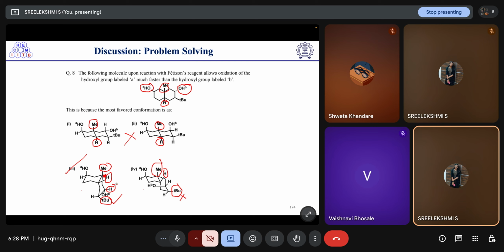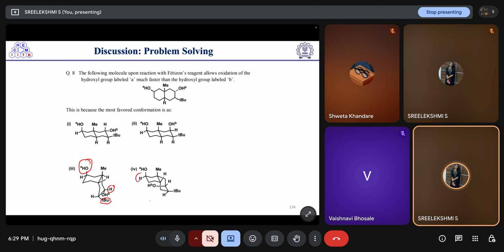So in this conformation, one reason is that the tertiary butyl group is equatorial, which favors this. Then out of the two hydroxyl groups, why OHA is oxidizing faster can be explained with this conformation, because here the hydrogen is axial, so abstraction of this proton is difficult. But here the hydrogen is equatorial, abstraction of this proton is easier, so this will react faster.